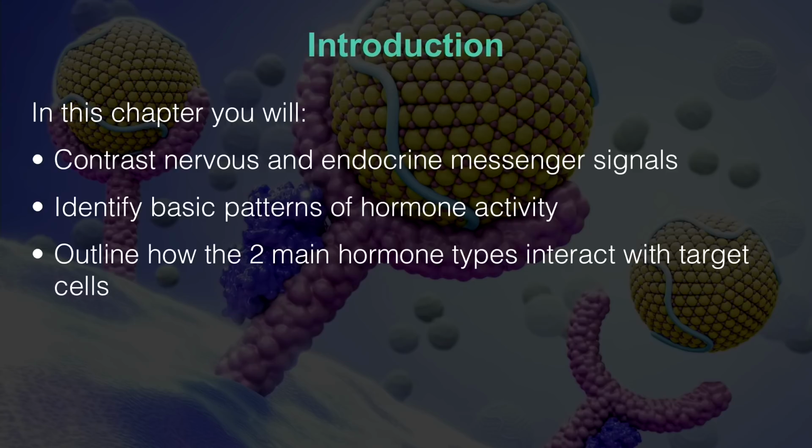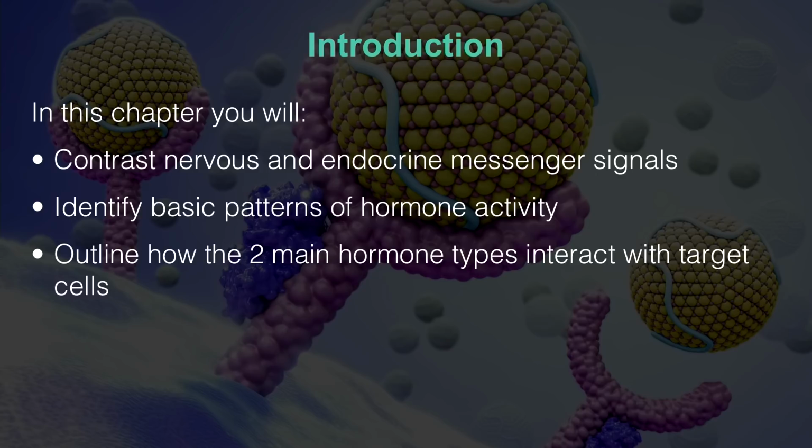There are 2 main classes of hormones, and they interact with the target cells very differently. Some of the highlights are the same, but the interaction is different. So we'll outline those 2 schematics, those 2 patterns, and we'll discuss how hormonal signals are modified.